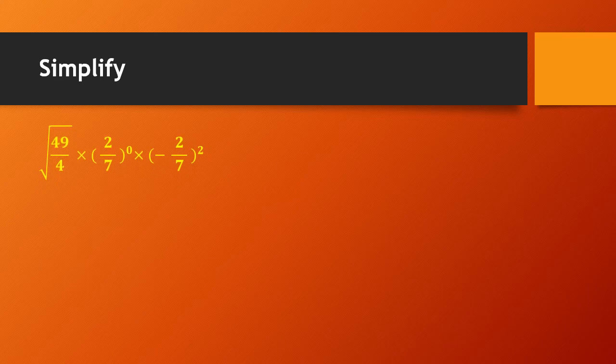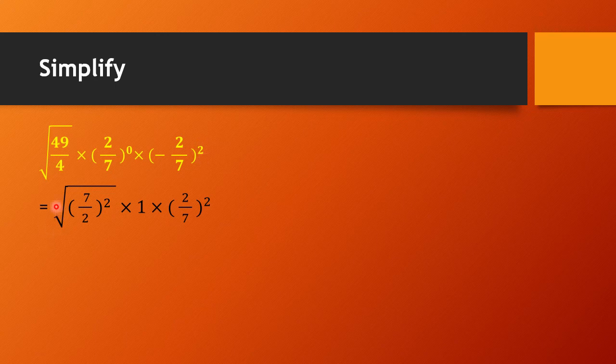Square root of (49 over 4) by (2 over 7) power 0 times (negative 2 over 7) power 2 equals the absolute value of (7 over 2) power 2 times any number power 0. Any number except 0 power 0 equals 1, times (2 over 7) power 2. We removed the negative because 2 is an even number.